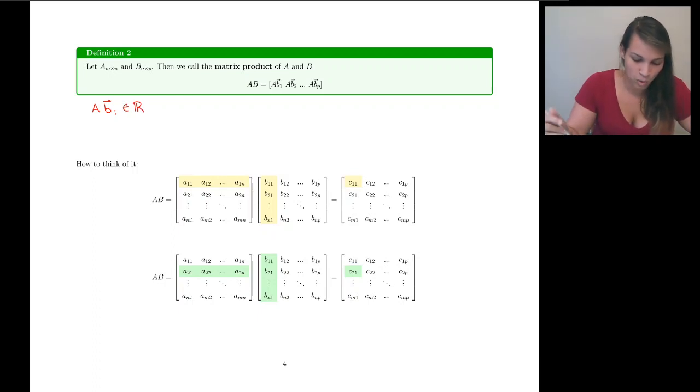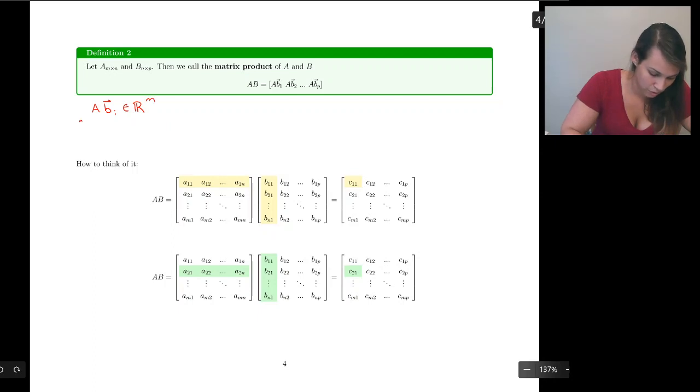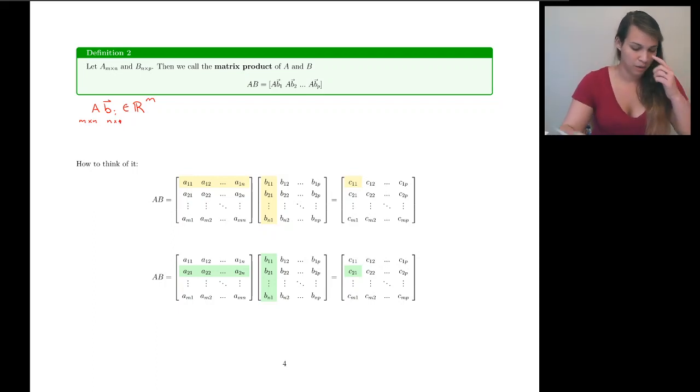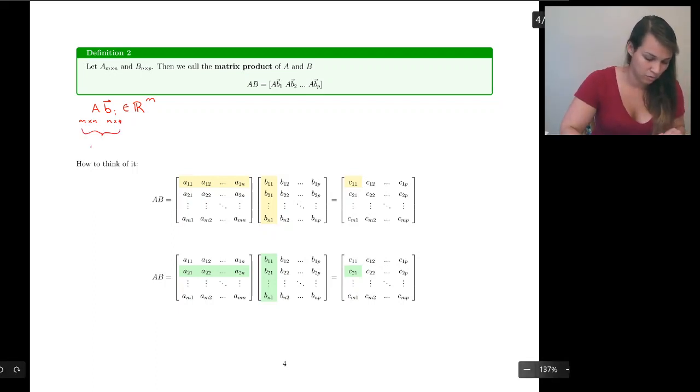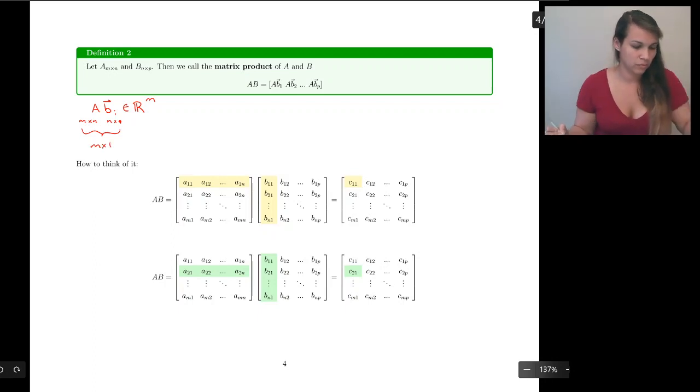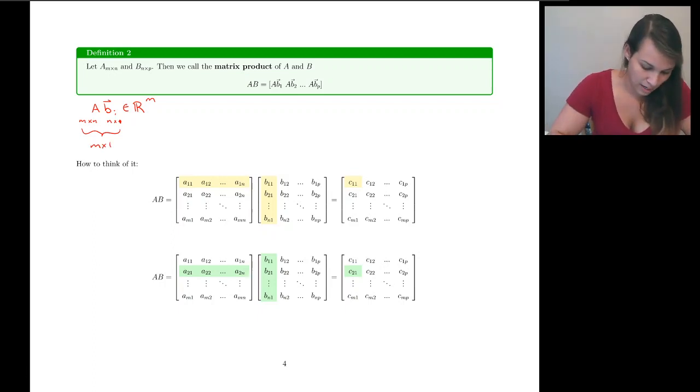So just one of the B's is going to be an n by 1. And so m by n, and then this one was n by 1. And so we get an m by 1 overall. But then we have p many columns in our result.